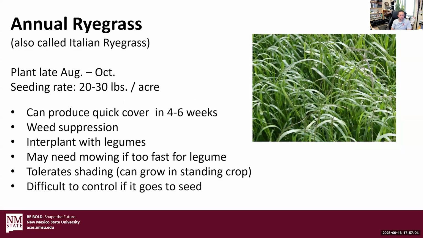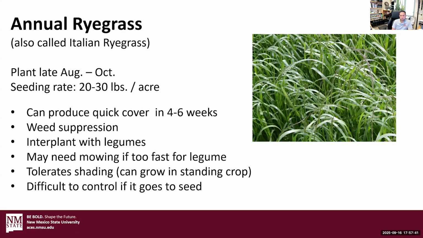The next one we'll talk about is annual ryegrass. The other name for that is also Italian ryegrass. And so you can plant this between August and October at a seeding rate of about 20 to 30 pounds per acre. This can produce really quickly, so it can produce quick cover in about 4 to 6 weeks. So it germinates and establishes itself right away within a month and a half. Because it's so thick and it grows really quick, it has great weed suppression.